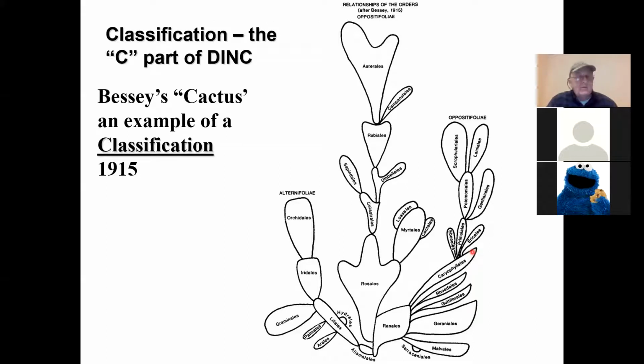All right, now we move quickly, talking mostly only about classification. And this is Bessey's famous classification system of the angiosperms. It's commonly called Bessey's cactus because that's what it resembled.